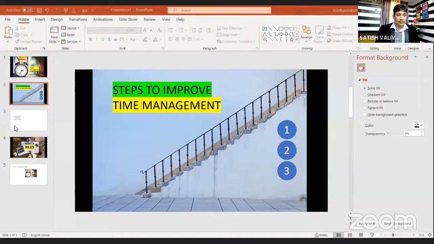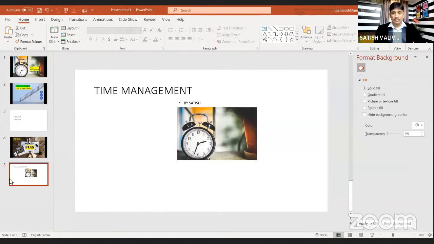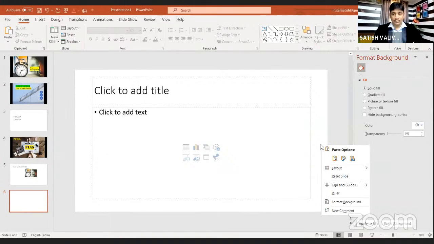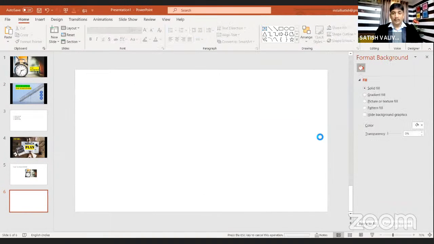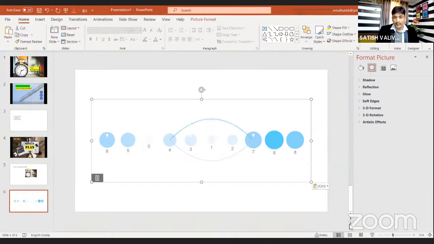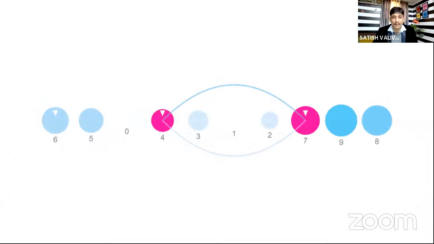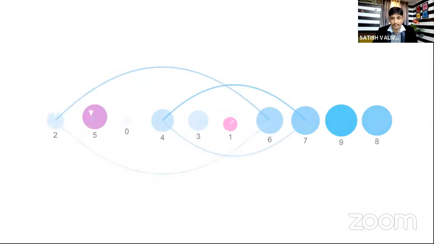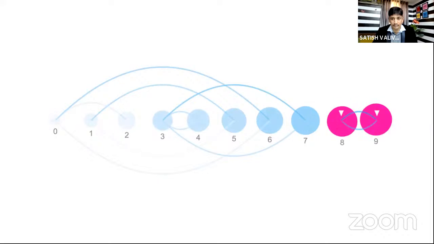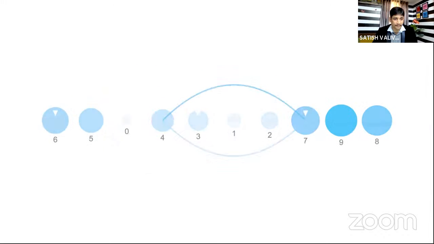So when I use a GIF like this and paste it here, this is how it goes. When you make the slideshow happen, the GIF plays. Makes sense? That's how we use GIFs, Radha.